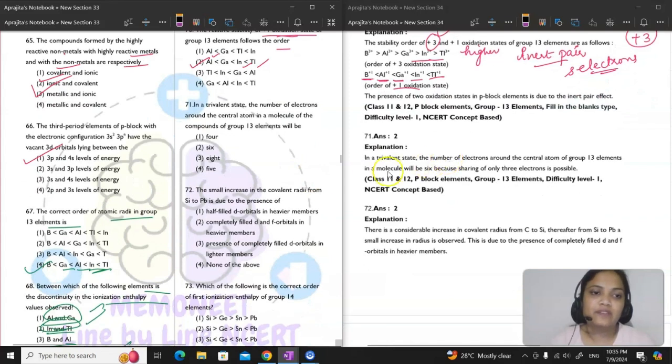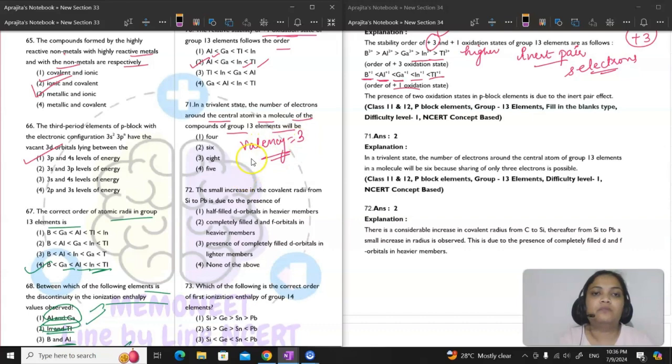Now question number 71. In a trivalent state, the number of electrons around the central atom in the molecule of a compound of group 13 elements would be. Now if I am talking about trivalent state, it means the valency is 3.